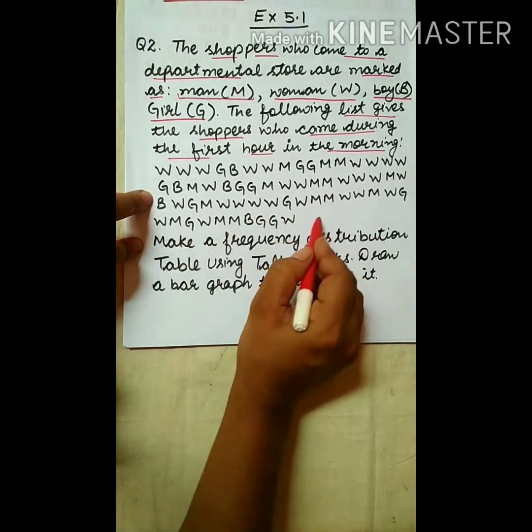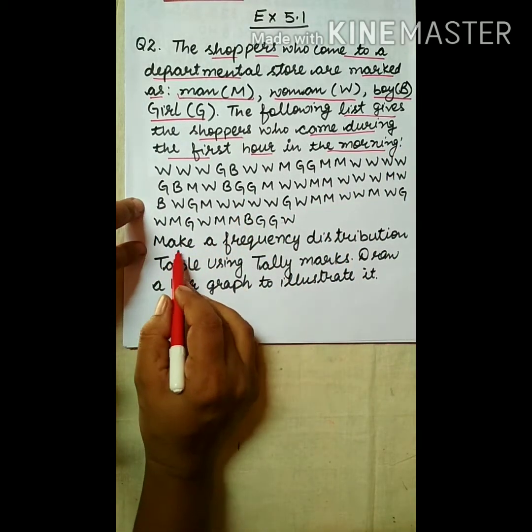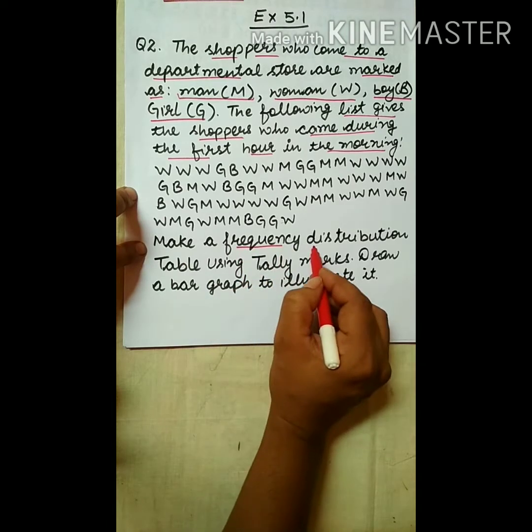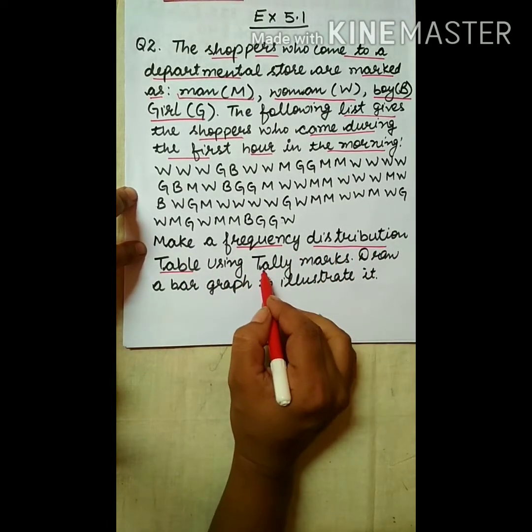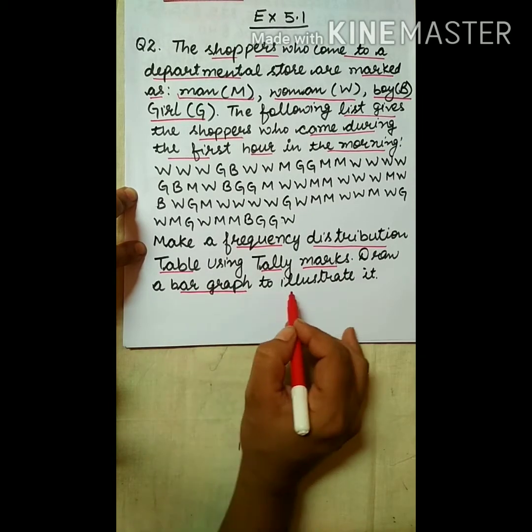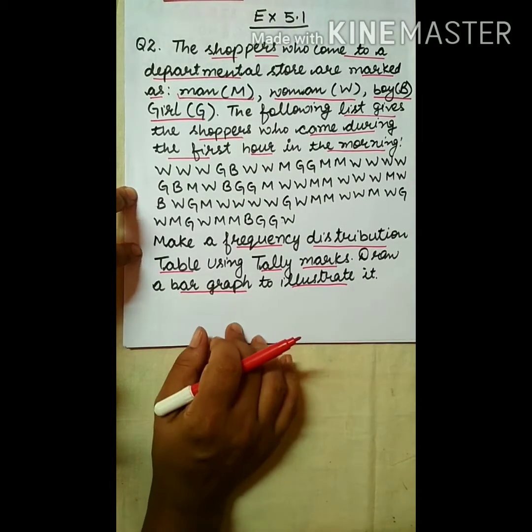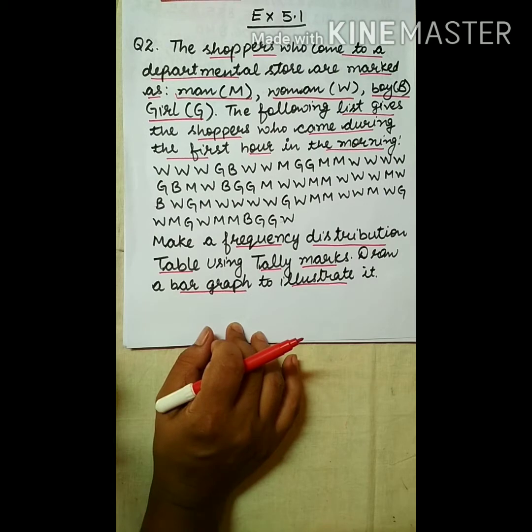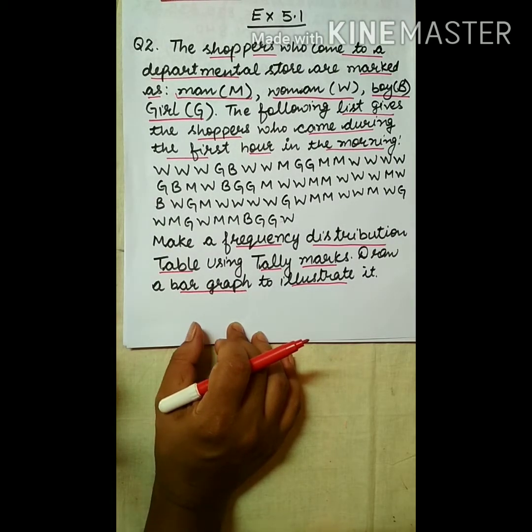This is the data given. Make a frequency distribution table using tally marks. Draw a bar graph to illustrate it. In this question, we are to draw the frequency distribution table as well as the bar graph.